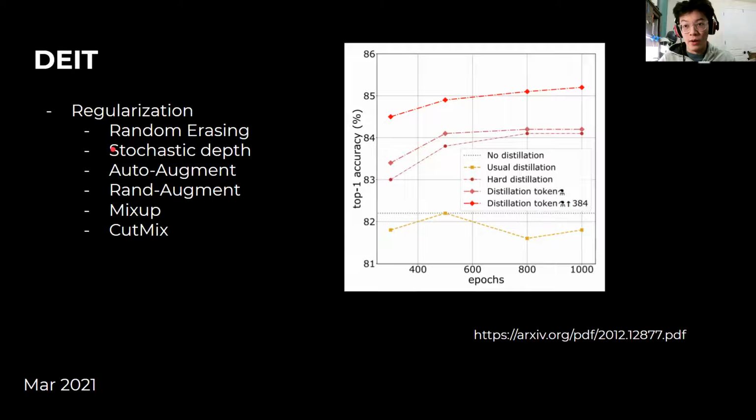Stochastic depth. We have learned about dropout, which is when you disable some nodes within a layer to make other nodes more robust. And in stochastic depth regularization, we actually disable entire layers. It's kind of like dropout, except it's for layers, and we disable them to make other layers more robust. There's AutoAugment, where we know simple image augmentation techniques such as rotation, flipping, or color jittering.